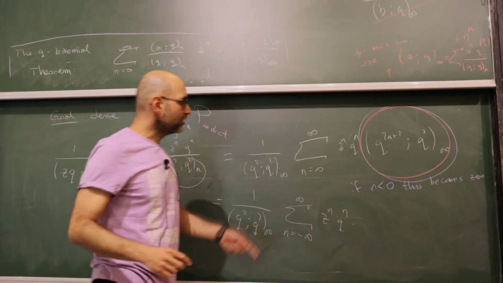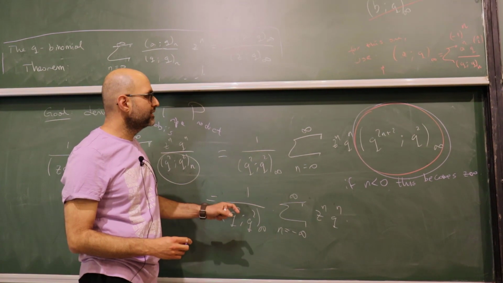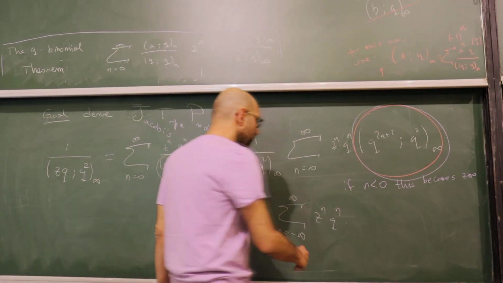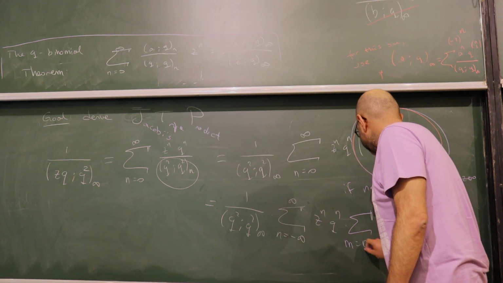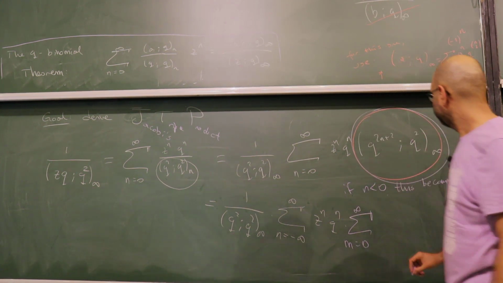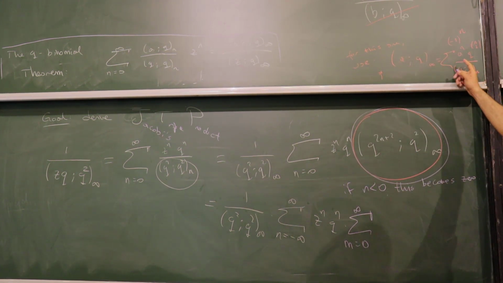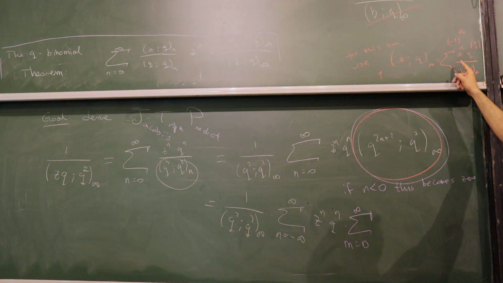So use that corollary to replace that infinite product with an infinite sum, which runs from m equals 0 to infinity, but this time q is replaced by q squared, remember.